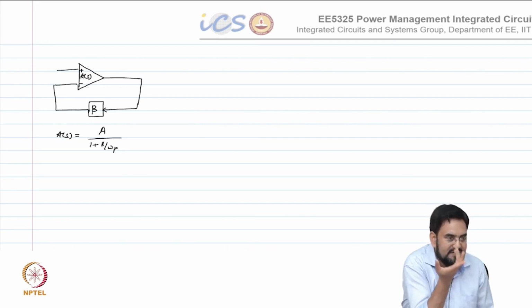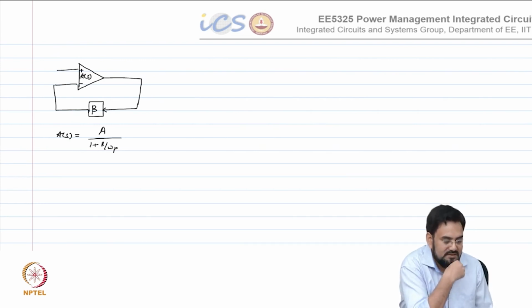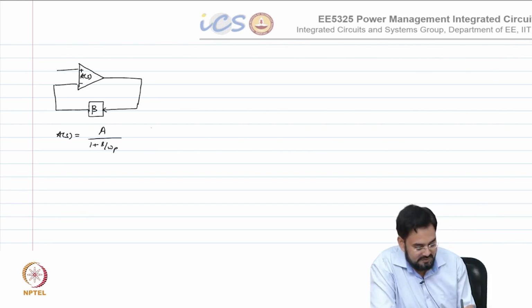So the same op amp which has a DC gain of A, because at s equal to 0 it will have A, but now your gain is a function of frequency. So it will look like this.